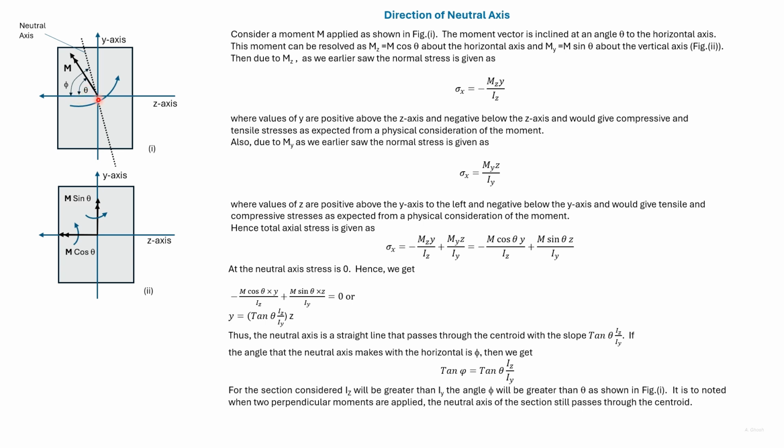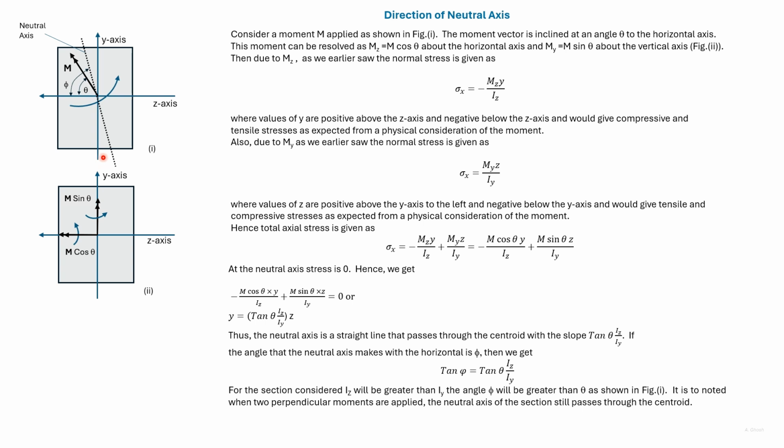We resolve the moment vector into M cos theta along the z-axis and M sin theta along the y-axis. Then the stress of the moment about the z-axis on this section is given by this expression, and the stress of moment about the y-axis on this section is given by this expression.